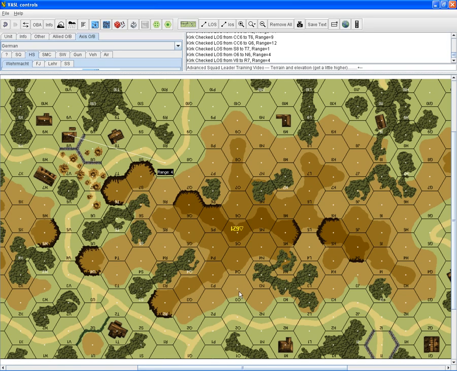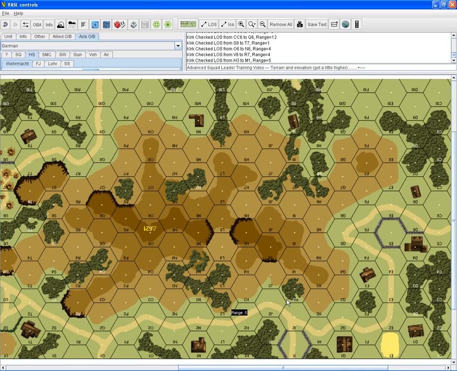Let's see. What were some of the other interesting ones? Alright, let's do a couple more just to see if everybody understands our different height levels here. If we're looking at H3 and we're trying to fire over here to L2, H3 to L2, can he see L2 to fire on somebody?